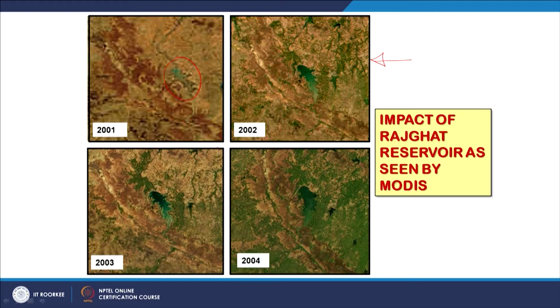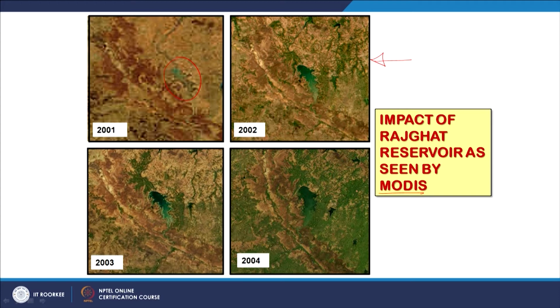If you notice, these are true color images from a MODIS sensor, and what you would see is that in 2001 there was hardly any growth of vegetation. In 2002 you start seeing greenery. Remember, just in 1 year. If you go to the third year, 3 years after that, you would realize that the entire area has almost become green.